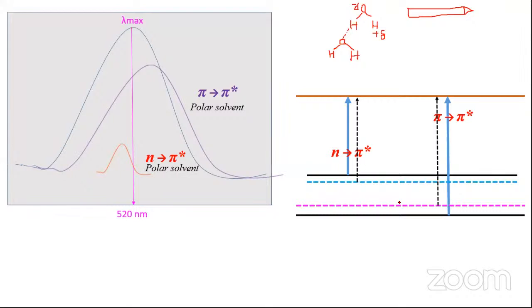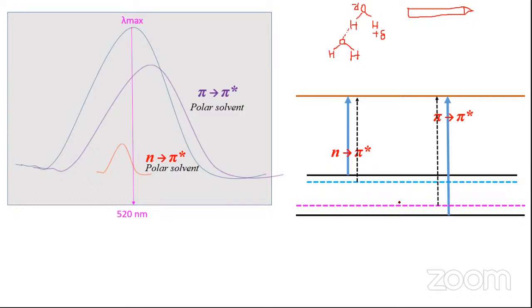And this will come into the picture more when we talk about the applications of UV visible spectrometry. We'll slowly go into the application section, because we don't have much time for applications, so we cannot actually start it today itself.